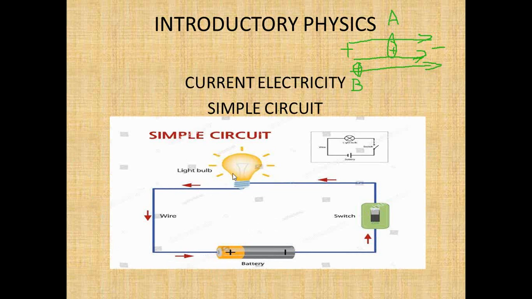At the light bulb, some of the electric potential energy is going to be converted to light energy. The bulb is going to light up. The rest is going to flow towards the low potential terminal, and then the battery again will have to move the charge from the low potential terminal to the high potential terminal. So the battery will have to do that each time.